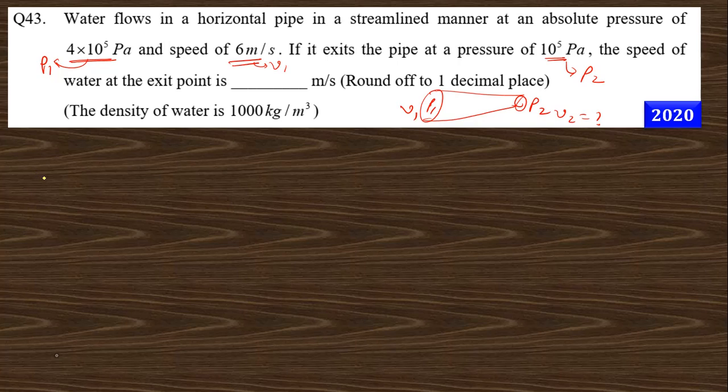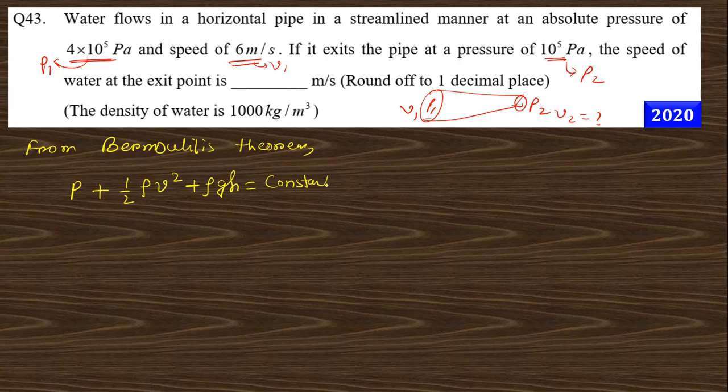So from Bernoulli's theorem, we can say the pressure energy, the kinetic energy, and the potential energy, the total energy will be conserved or constant.